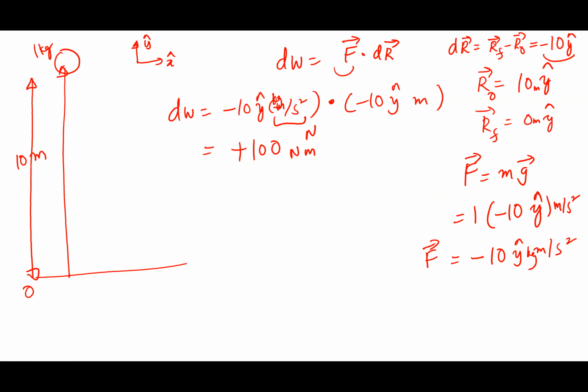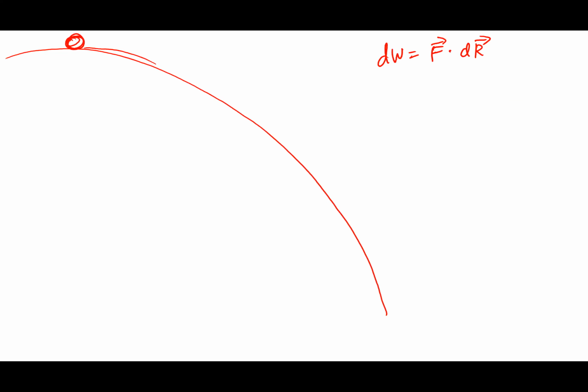But here, this is not a straight line. We will see that for some forces, like for example gravity, it's okay to still do it like you did it for a straight line, although this path is not a straight line. Are you following me?